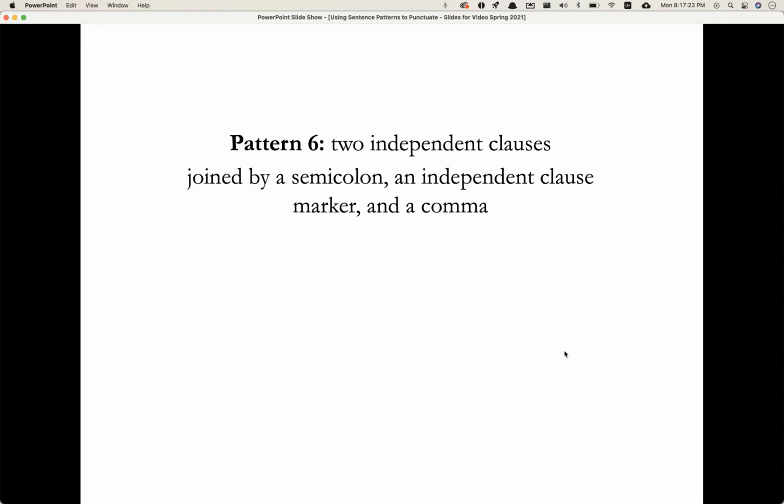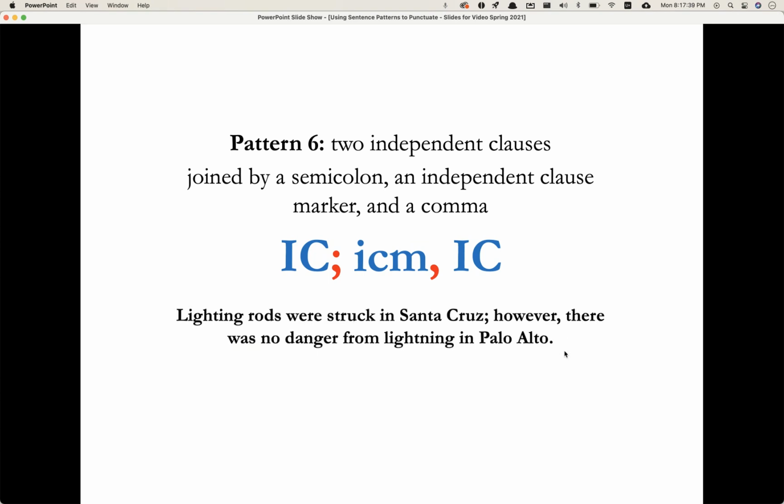Pattern 6 is two independent clauses joined by a semicolon, an independent clause marker, and a comma. So it's this pattern: IC, semicolon, ICM, comma, IC. Example. Lightning rods were struck in Santa Cruz; however, there was no danger from lightning in Palo Alto.